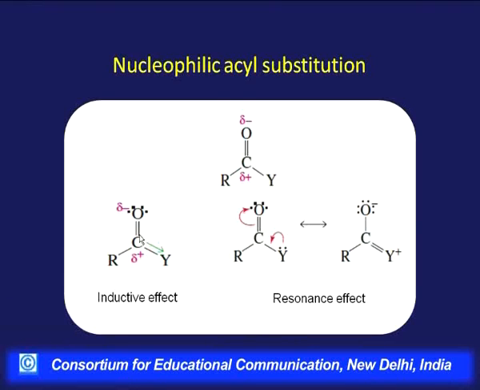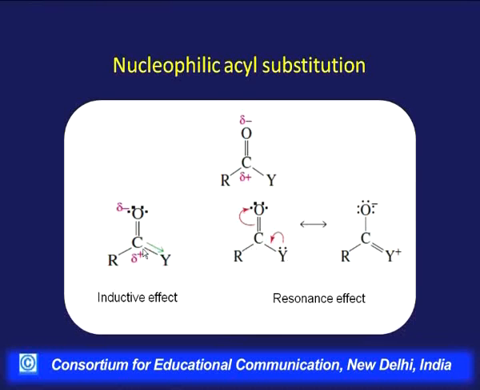Inductive effect is increasing the delta positive charge and resonance effect is reducing it. Now, we are talking about nucleophilic substitution. A nucleophile will attack this carbon more effectively if the positive charge is more. It means those groups where this Y is more electron withdrawing, that is more electronegative, and has less participation by resonance, will be easily attacked by the nucleophile.